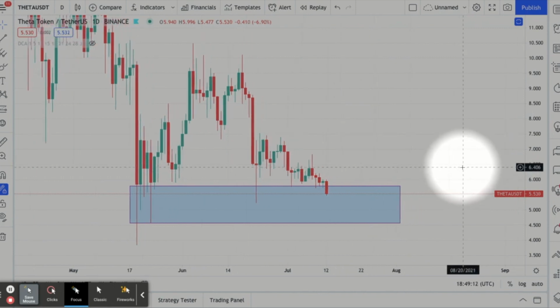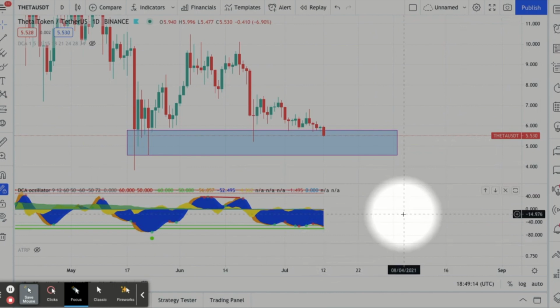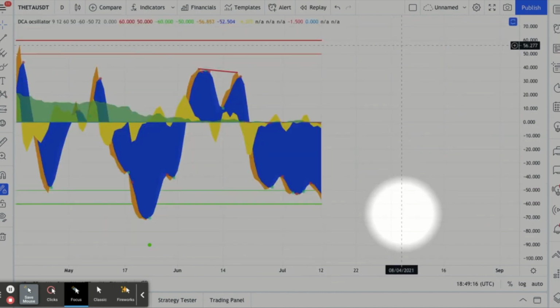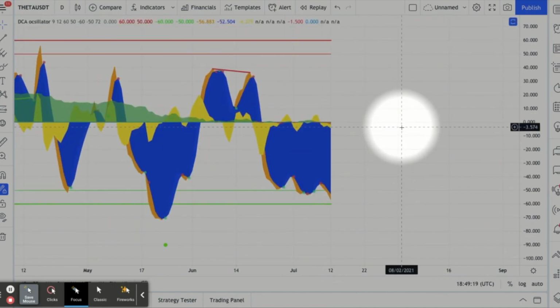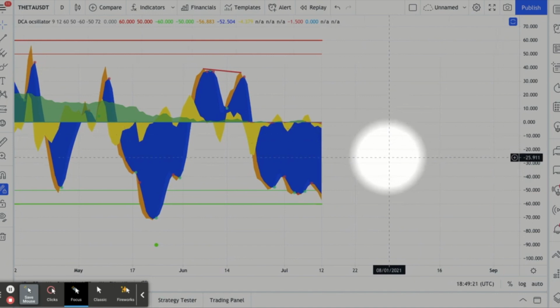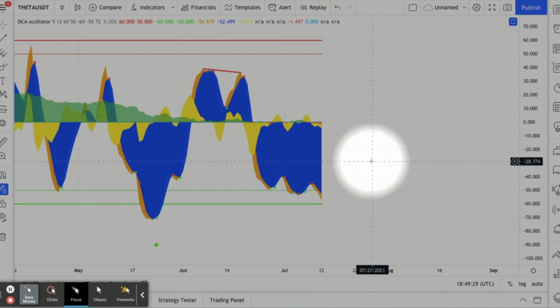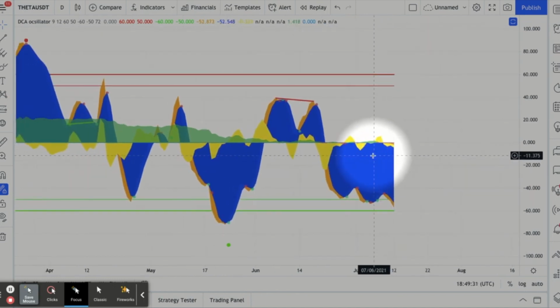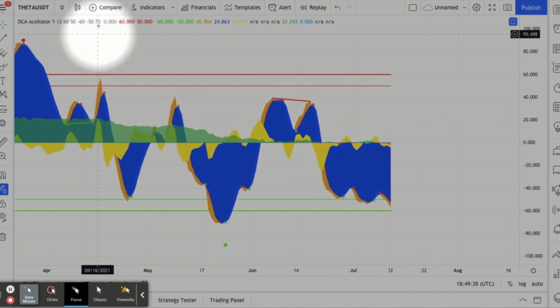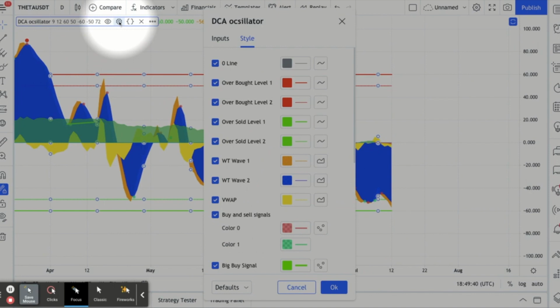So what I then do is I look at my next indicator. Now, super overwhelming, super crazy looking. However, let me break down some of it for you. You have several different things going on. What I'm going to do is turn everything off.